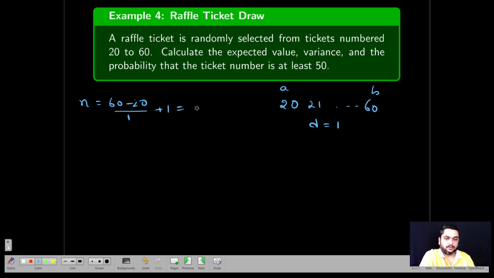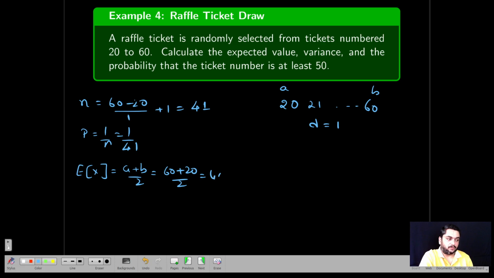So this will be equal to 41. Next, P is equal to 1 by n, that is 1 by 41. The mean mu is equal to (a plus b) by 2. This is (60 plus 20) by 2, that is equal to 40.